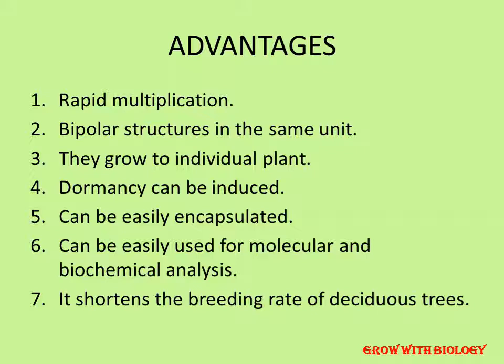If we have started the inoculum and after some time we want to convert it to dormancy, then as we are growing it in laboratory conditions, we can induce dormancy, and it can easily be encapsulated. Then we can easily use it for molecular and biochemical analysis because it is present in laboratory conditions, and it shortens the breeding rate of the deciduous trees.